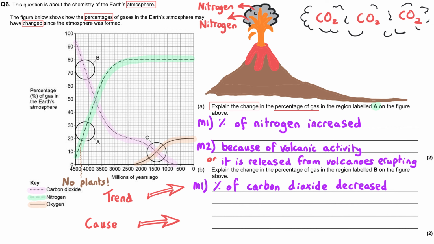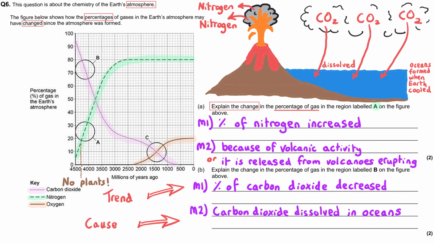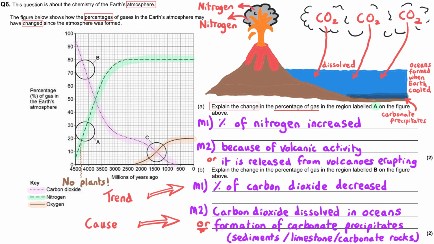So the reasons why the CO2 decreased is that carbon dioxide dissolved in the oceans that formed when the Earth cooled down. So the Earth cooled down, and that meant that the water vapor condensed to make the oceans, and then carbon dioxide dissolved in those oceans. And then that continued to happen, and also the formation of carbonate precipitates or sediment or limestone or carbonate rocks, all of those things kind of fall together once there's an ocean and that there are carbonates in the ocean.